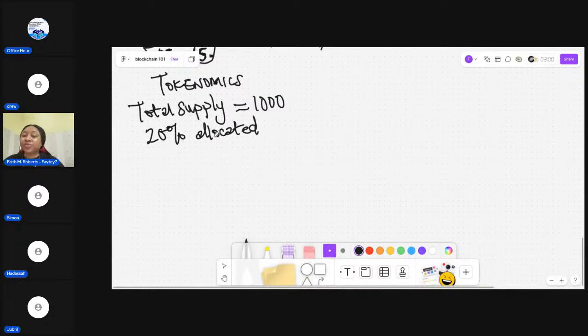Now, 20% of what? These are the kinds of questions you should be asking. 20% is allocated to the team. How many tokens is that? That is a different question from how many tokens is left.